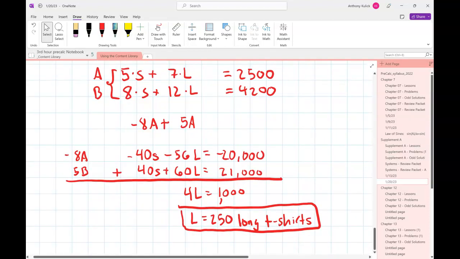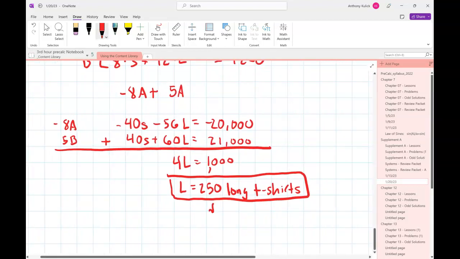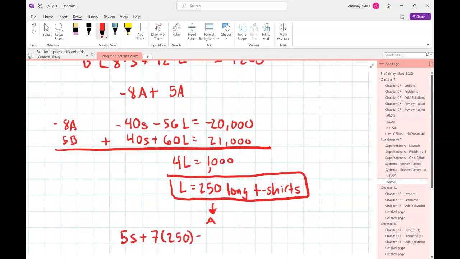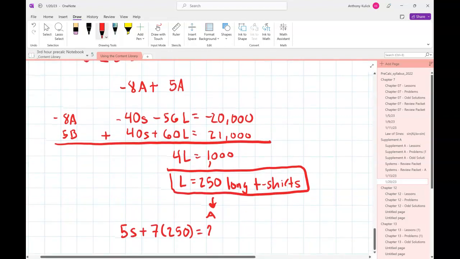And then to get S, plug it back in. Does it matter where I plug it into? No. No, man. I'll plug it into equation A. So that's going to give me 5S plus 7 times 250 equals, what was it? Thank you.